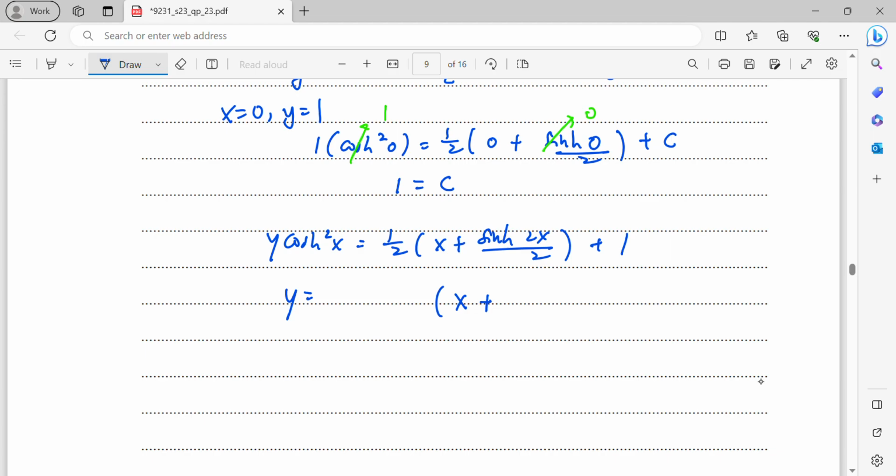Half is just multiplied to the first one, so it will be 1 over cosh squared x times half, then sinh 2x over 2, then plus 1.